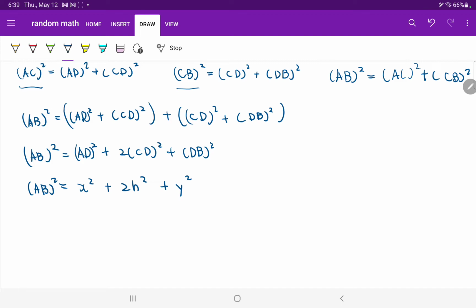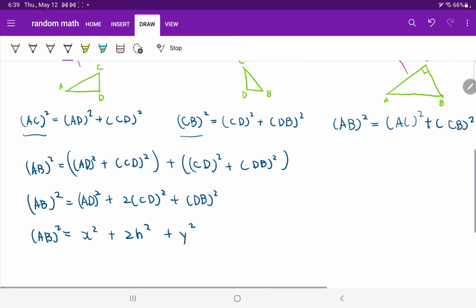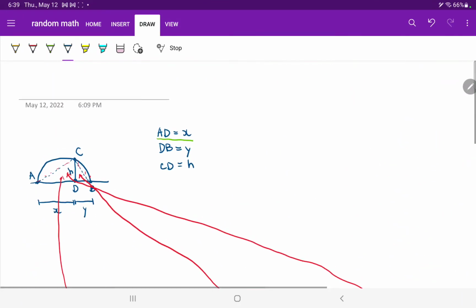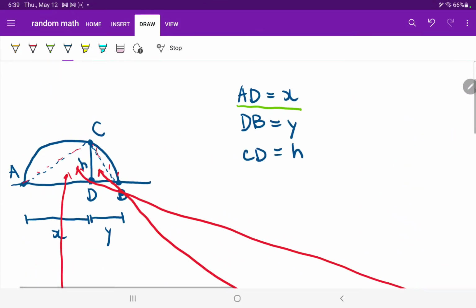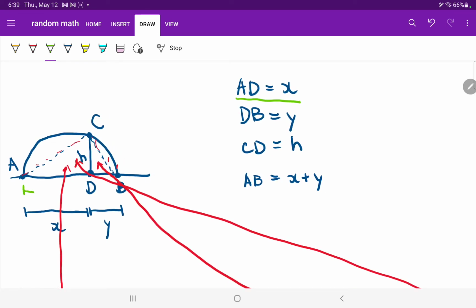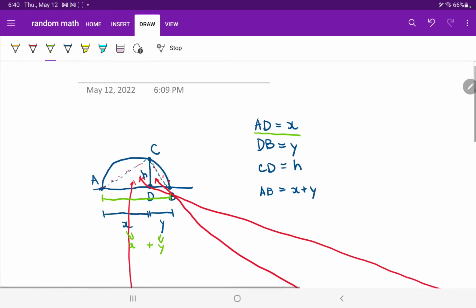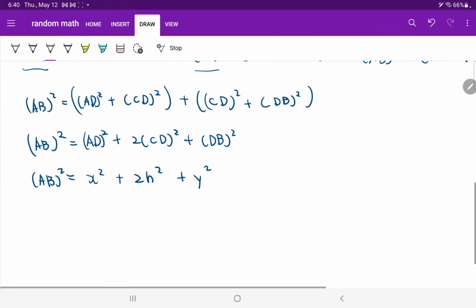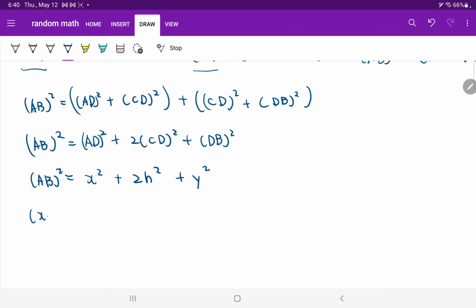And it's not hard to notice that the distance from A to B is simply x plus y. So AB will equal x plus y. So this will become x plus y squared equals x squared plus 2h squared plus y squared.